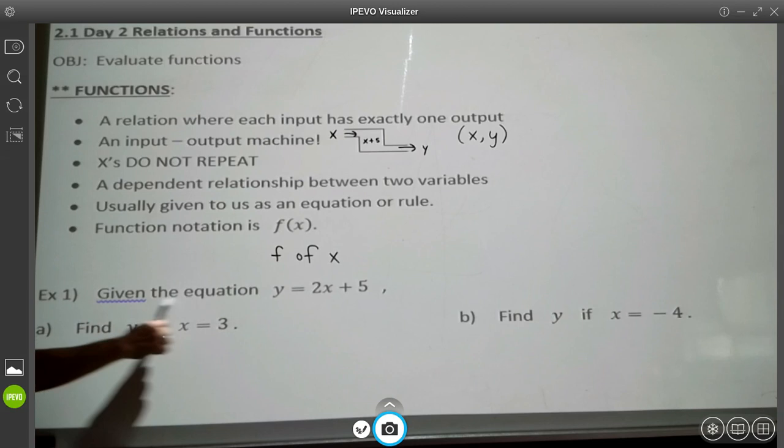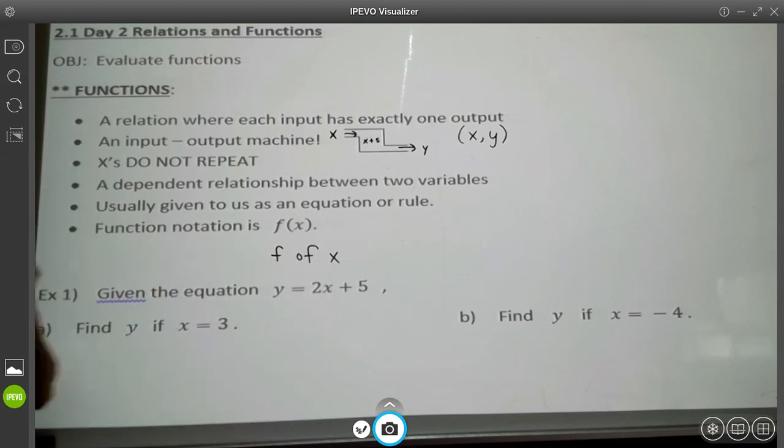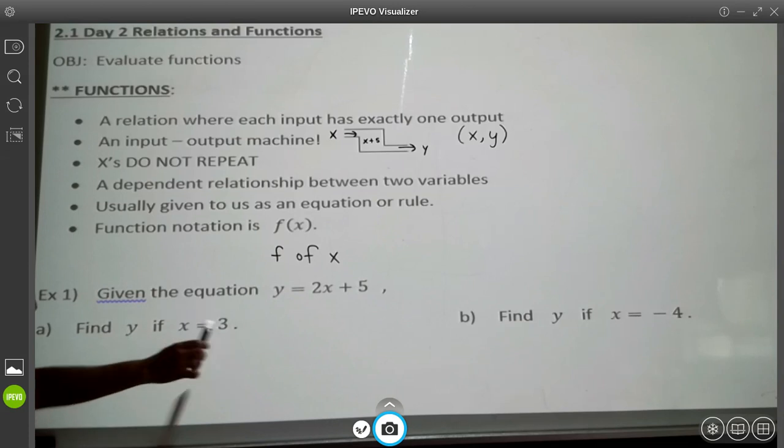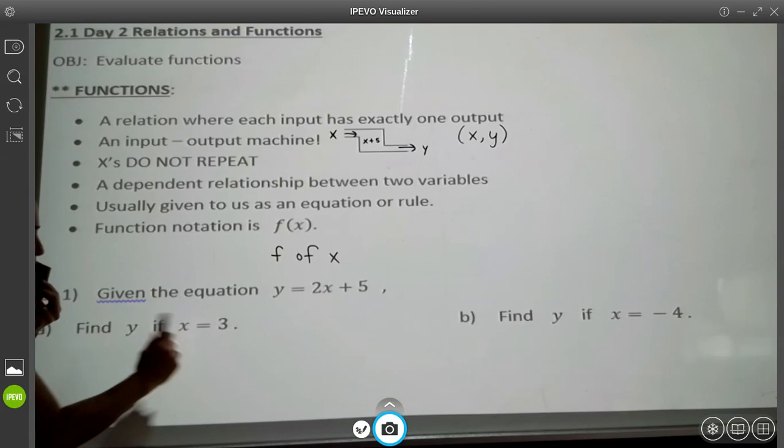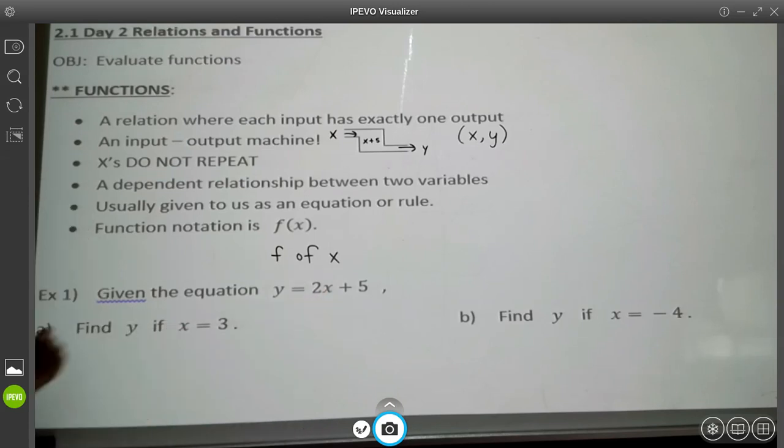So let's pretend I gave you the equation y equals 2x plus 5. If I asked you to find y if x equals 3, does anybody know how you have to do that? How do you find y when they tell you x is 3? What do you have to do with 3? Plug it in. That's exactly what you have to do, because that's what a function or an equation does. You plug stuff in. So if we want to find y and x is 3, we're going to plug 3 in for x.